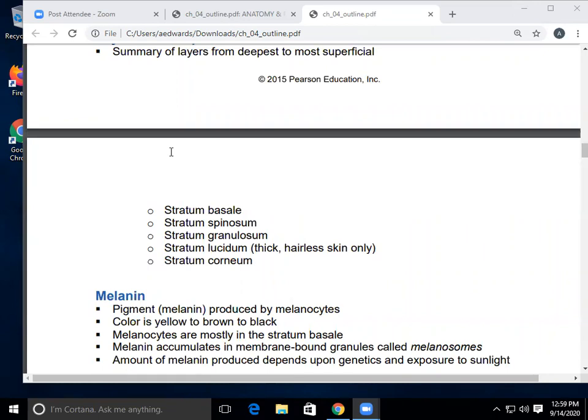So this would be the deepest layer, and that would be most superficial.